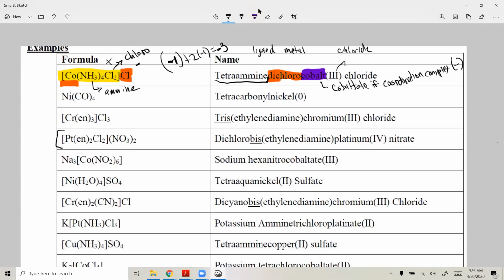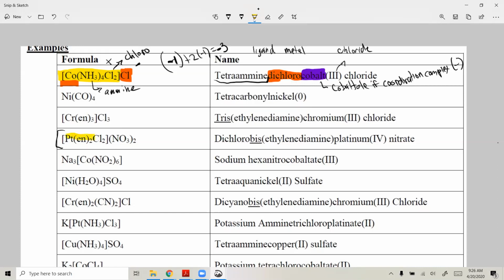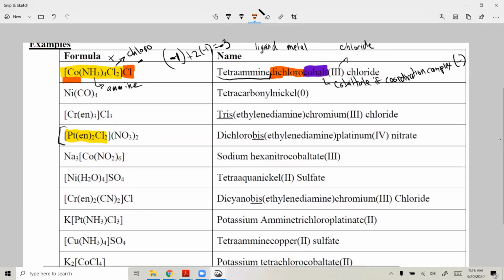So for this part, our ligand is also going to be positive again, and it's partnered with our negative nitrate. Now using our list of ligands, we should be able to know what this En is and our Cl.